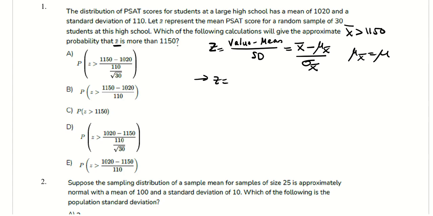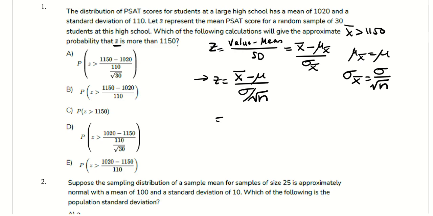And we also know that sigma X bar is sigma over square root of n, as long as the 10% condition is satisfied, and so that's true. Then we can use the formula X bar minus mu over sigma divided by square root of n.